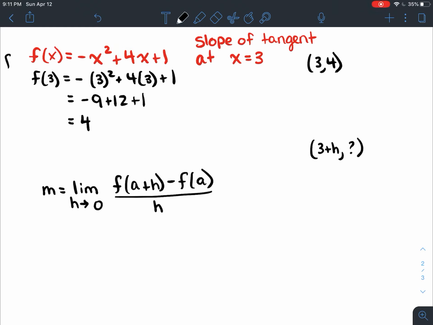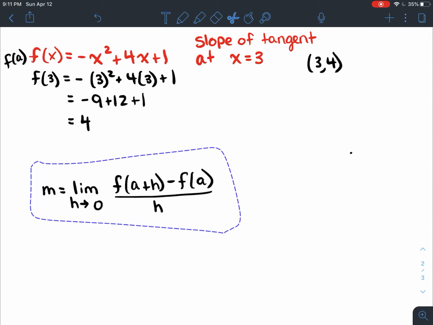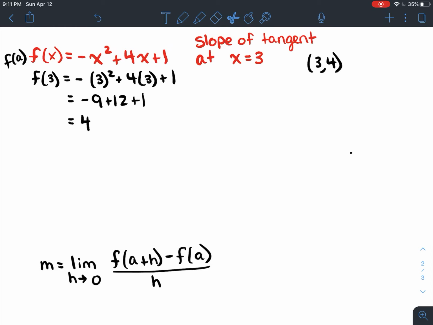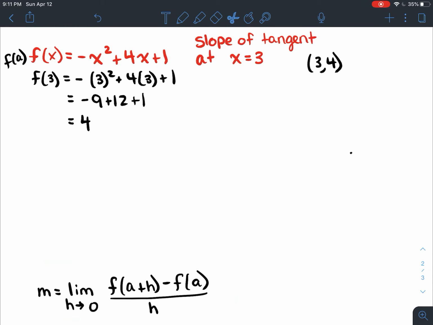I guess this is our f of a here, so 3. So we still need to figure out what f of 3 plus h is. So why don't we do that over here? So f of 3 plus h is going to be equal to, actually I need more space, so that's going to be a little tricky. So let me move that down.